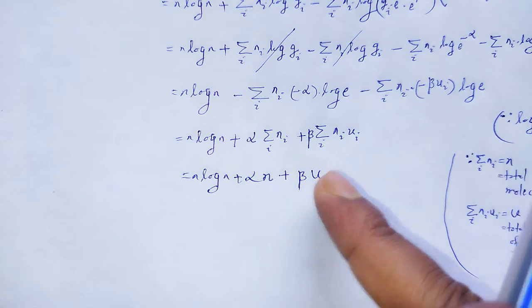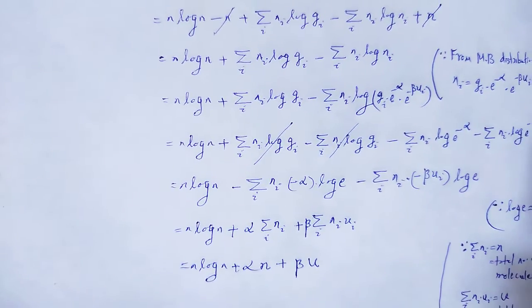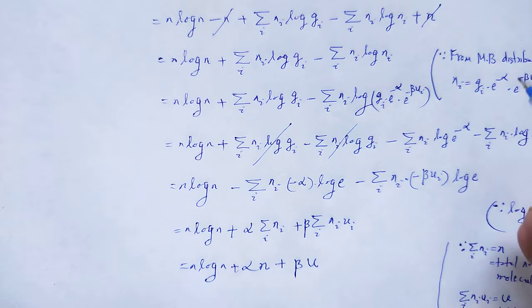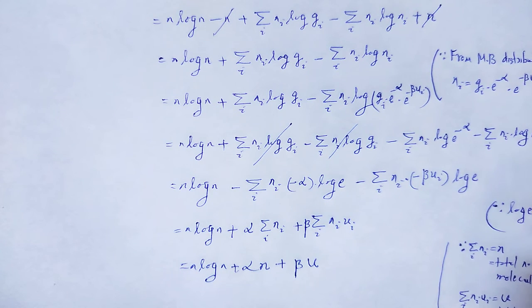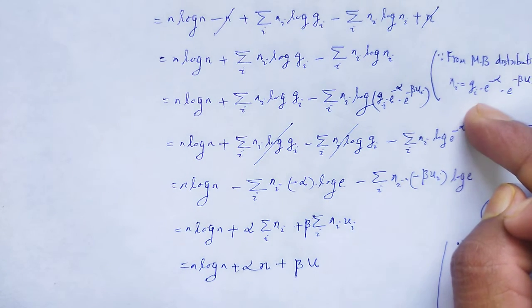As you say in Boltzmann statistics, e to the power minus alpha is a constant.